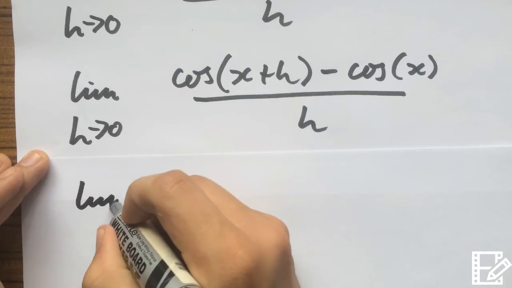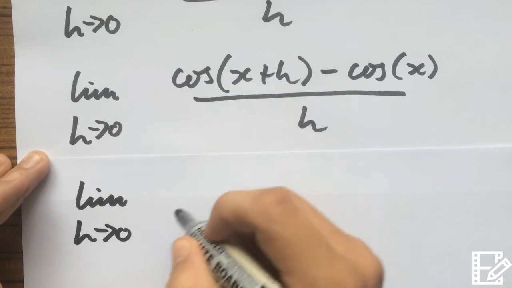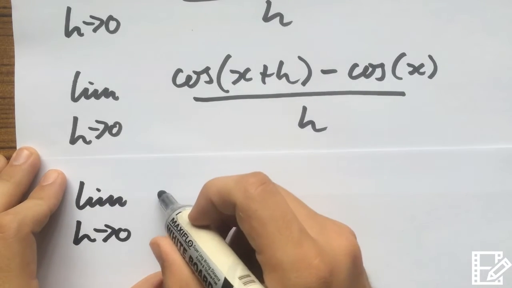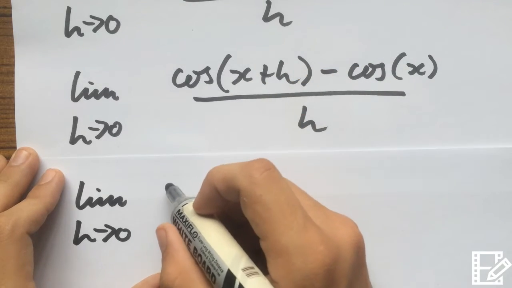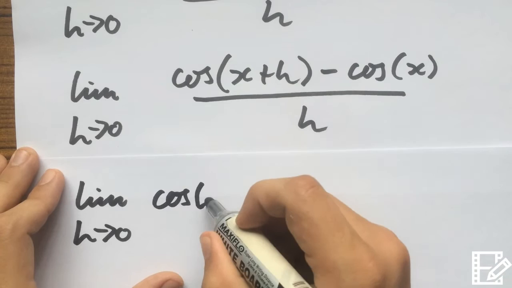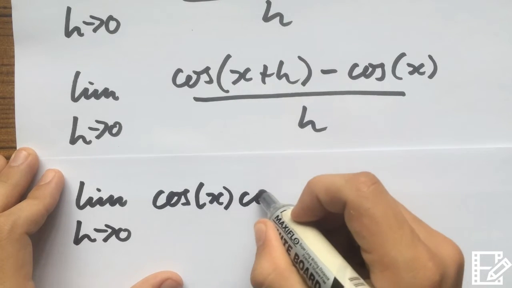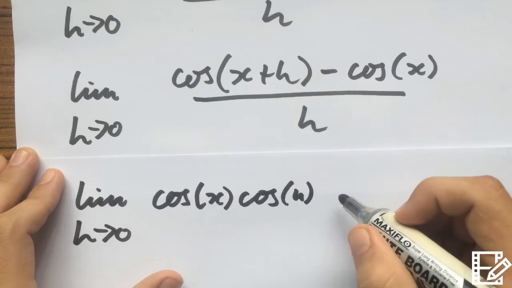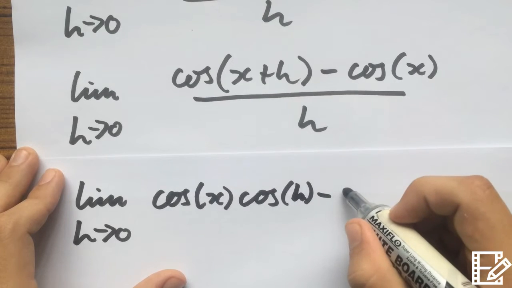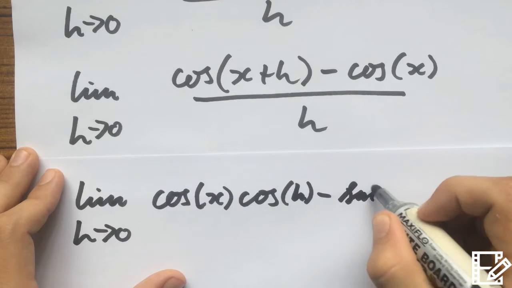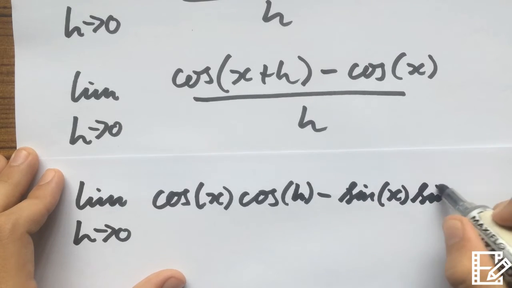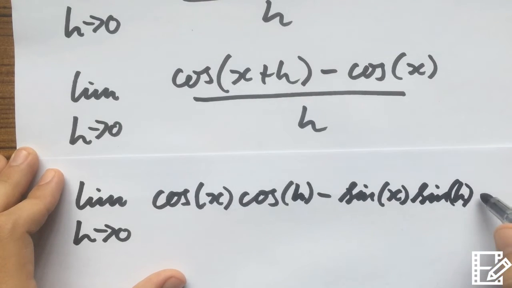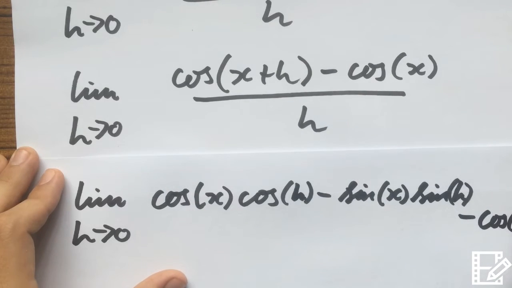Okay, so we rewrite: the limit as h approaches 0, always write that. And this little bit here, I'm going to rewrite. It's going to look like cos x multiplied by cos h, subtract sin x multiplied by sin h, minus cos x.